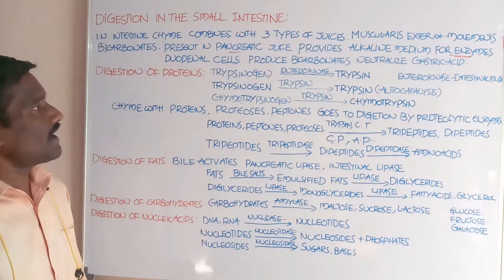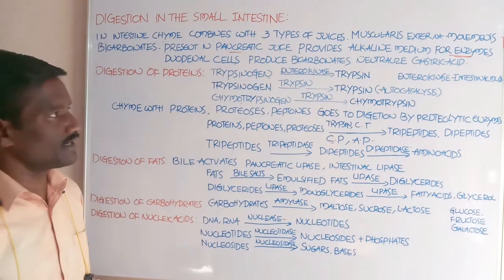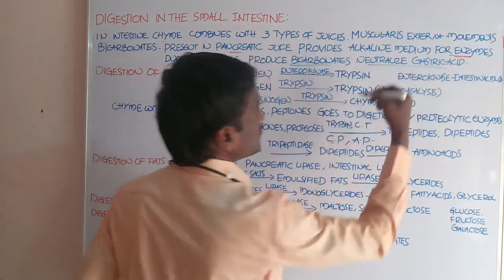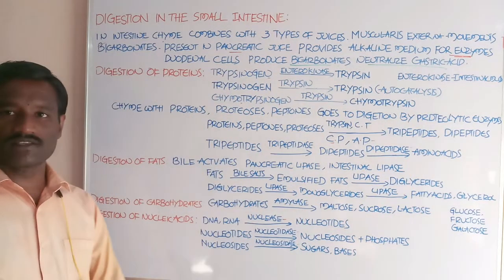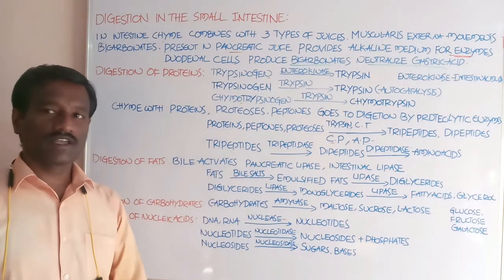Duodenal cells also produce bicarbonates. These bicarbonates neutralize the gastric acid and decrease the activity of the gastric acid.